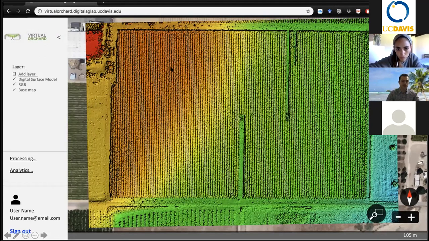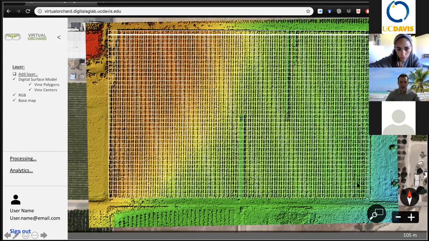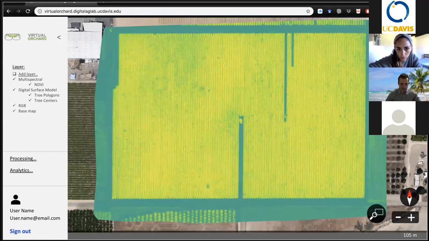Comparing these to the other image, this shows a slope actually in the field. So the color map shows, for example, this is the higher altitude area and this is the lower altitude area. Then we can process the digital surface model, find individual vines and segment them.